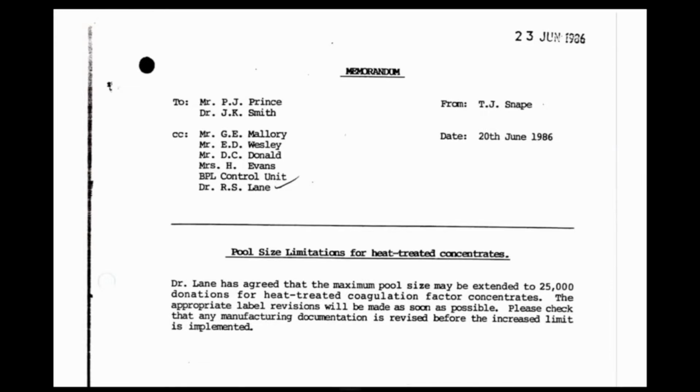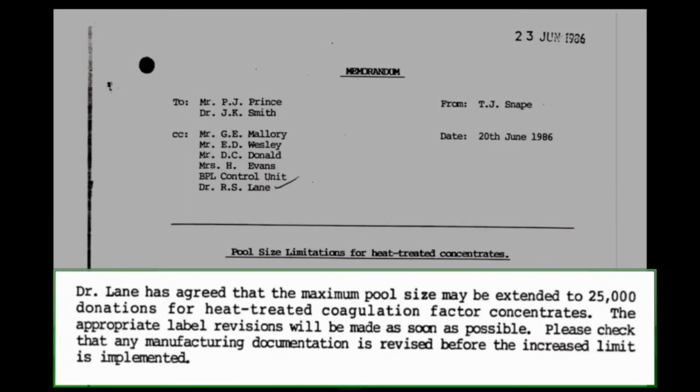And this is a document that we looked at a little earlier today as well, which says Dr. Lane has agreed that the maximum pool size may be extended to 25,000 donations for heat-treated coagulation factor concentrates. The appropriate label revisions will be made as soon as possible. Please check that any manufacturing document is revised before the increased limit is implemented. So having brought those documents up on screen, what is it that you take from those?